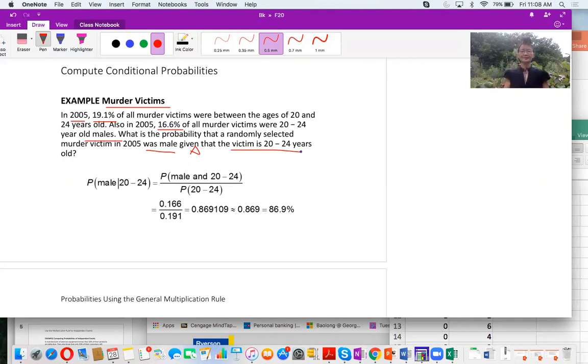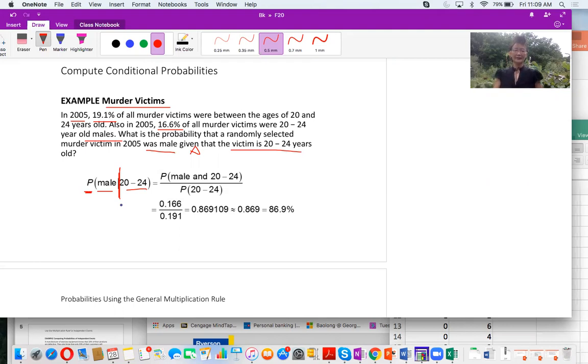Okay. So, conditional probability. Let's translate this question into a mathematical expression first. What is the probability that the person is male, given that the person is 20 to 24 years old? So this is the expression for that question.